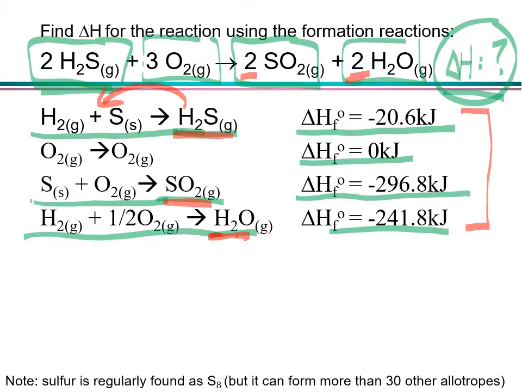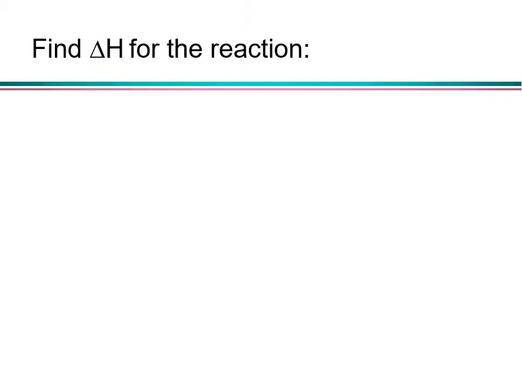it should sum up to give me my target reaction. So the first one, let's multiply by -2. Let's pretend we're multiplying oxygen by -3, but again, it's not really a change, since -3 times 0 isn't anything. The third one, we need 2 of those sulfur dioxides, so we'll multiply by 2. And the water, same thing, we need 2 of them, so we'll multiply that by 2 as well.